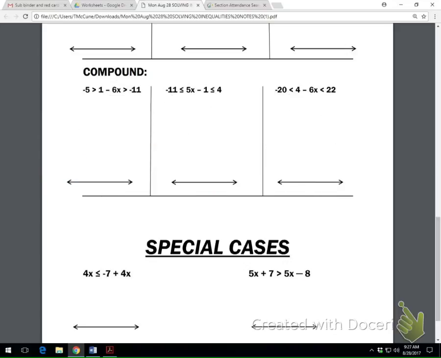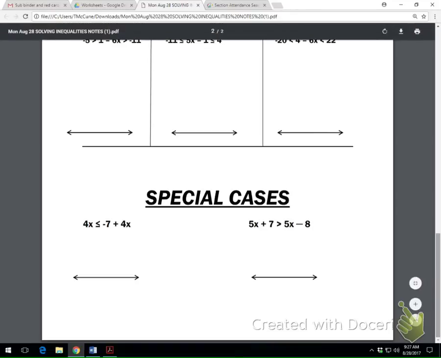Now, then you have some what we call special cases. When we have special cases, go about the same way. Right here, boom. Now, what are you going to do here? We got to move a letter. We got letters on both sides.